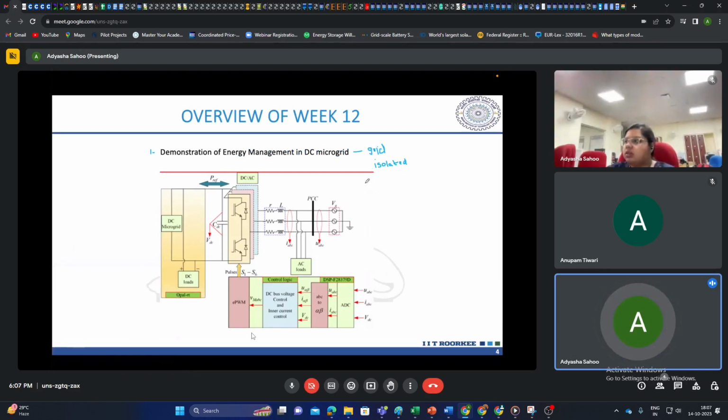So in this study, basically, we are going for a grid connected microgrid, a DC microgrid, not an isolated one for this case study, basically.